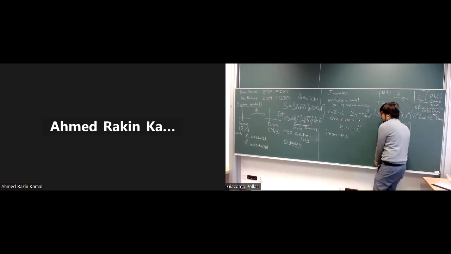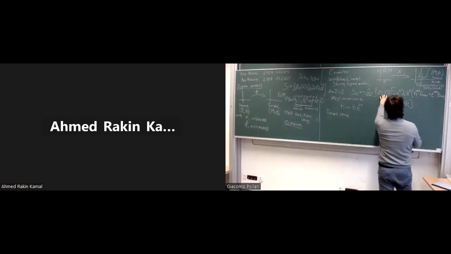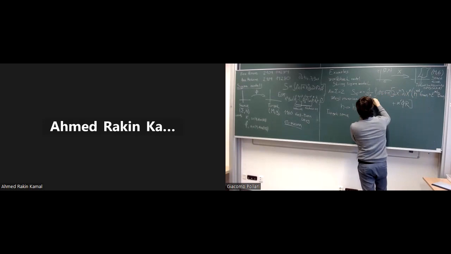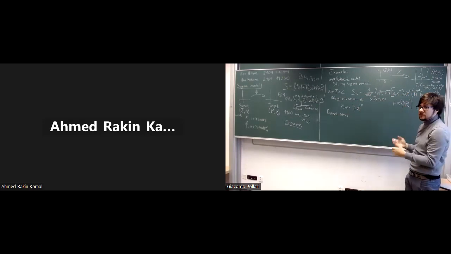Now you can consider some action in which, here, the main fields were sigma and tau, and then X depended on sigma and tau. And G, B and phi were just the geometric parameters of the theory.